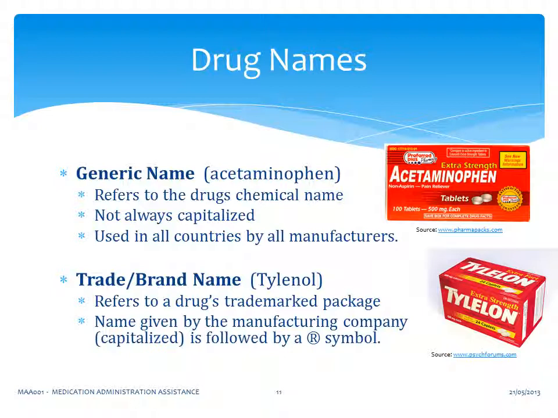So if you look on your box of Tylenol, acetaminophen, that name will also be on there in the form of its generic name. The brand name or the trade name is usually capitalized and followed by the registration symbol. That name is owned by the manufacturing company. But basically, what the active ingredient is in Tylenol is acetaminophen.